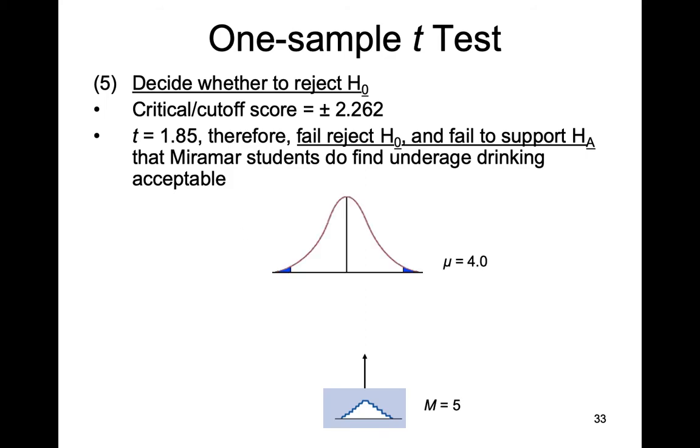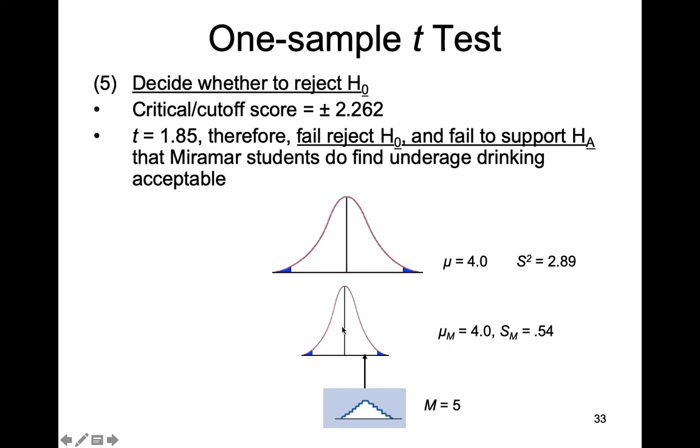All right, so here's the population distribution under the null hypothesis, okay, with a mean of 4 and an estimated variance of 2.89. Here's the distribution of means that is likely to result via a random sampling process from this distribution.